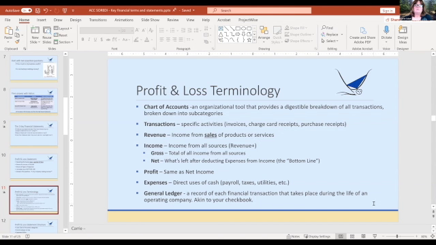And again, on your financial statement, we will show both revenue and income activity, and you will calculate both gross and net income results. Fortunately, making it easy, profit is the same as net income. So we'll put that aside.